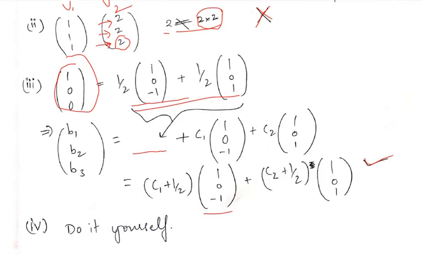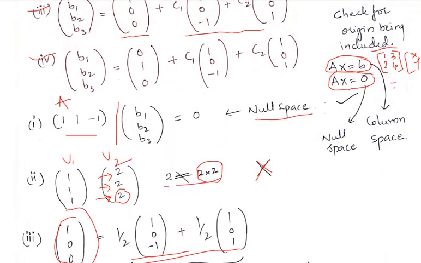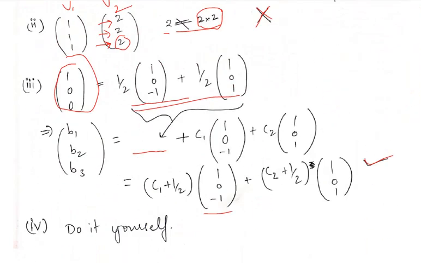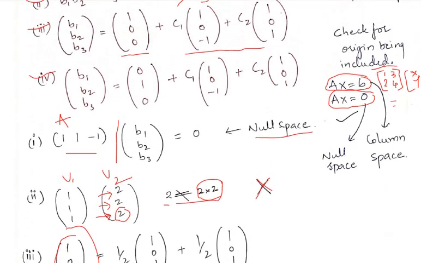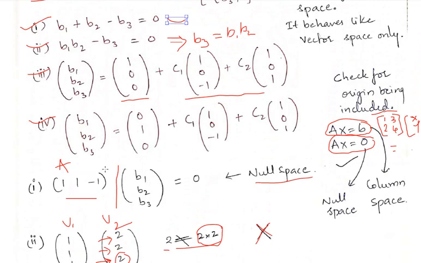Okay, coming to the fourth question. What is the fourth question here? I have written it as do it yourself, but still I will show you. b1 b2 b3 is equal to 0 1 0, plus c1 times 1 0 minus 1, and c2 times 1 0 1.